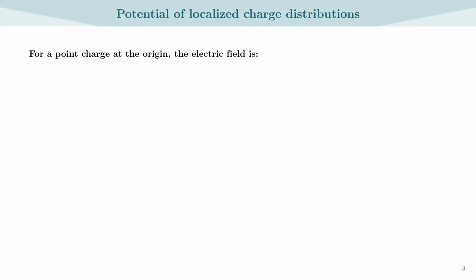For a point charge at the origin, the electric field is given by E equals 1 over 4 pi epsilon 0 1 over r square times r hat.